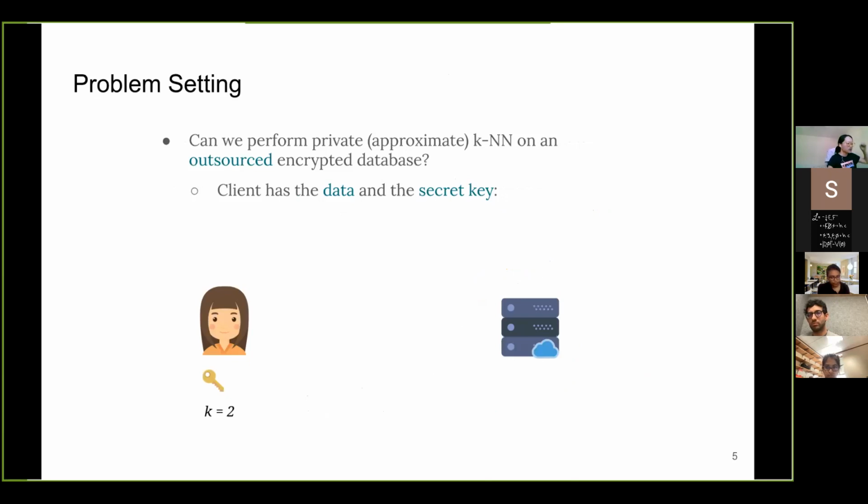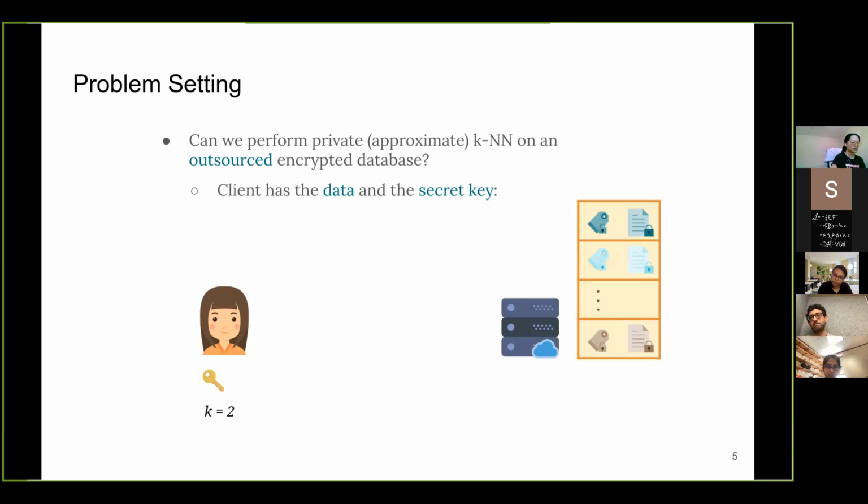Since we have enough background on the problem that we want to solve, we need to establish the problem setting we are working with. Specifically, we are working with the outsourced setting, where the client has the data and the secret key. In this illustration, suppose k equals 2 and the client has her secret key. She will first encrypt the database and send it to the server.